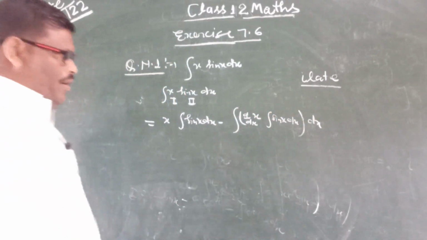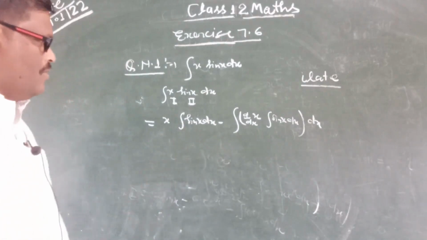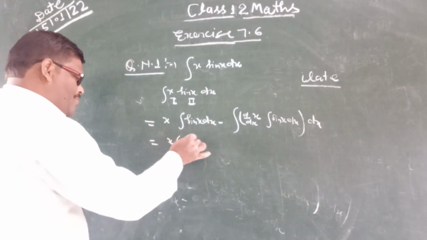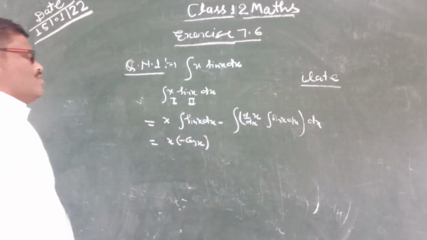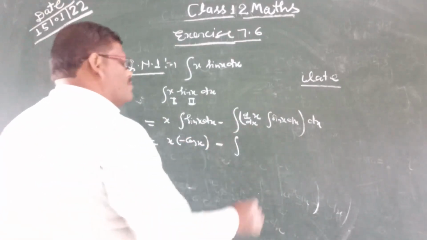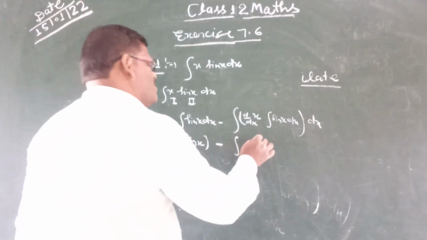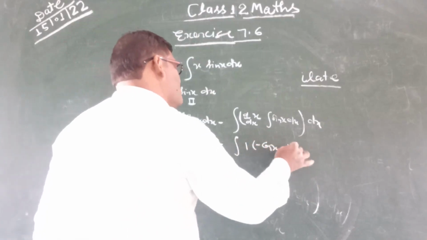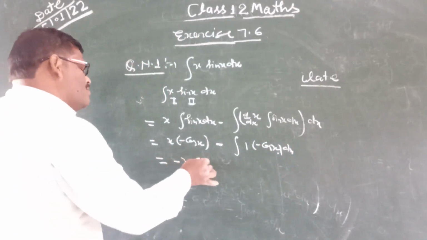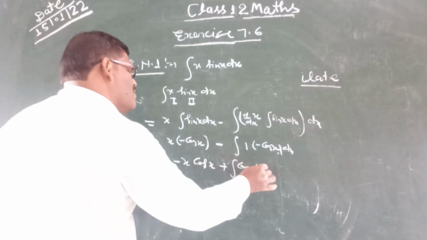Now, as you know, integration of sin x is minus cos x. So x times minus cos x, that is minus x cos x, minus derivative of x, that is 1, times integration of sin x, that is minus cos x, dx. This equals minus x cos x plus integration of cos x dx.